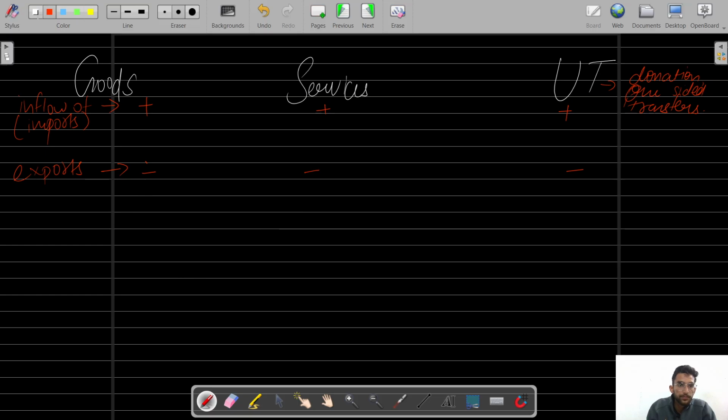From here we can say current account of goods, current account of services, current account of unilateral transfers.